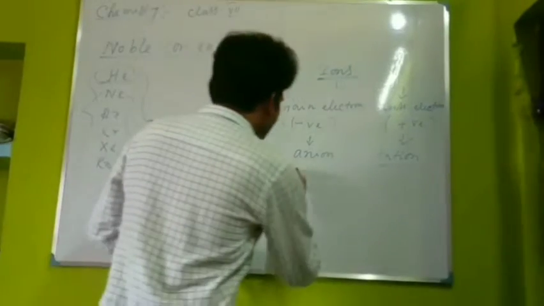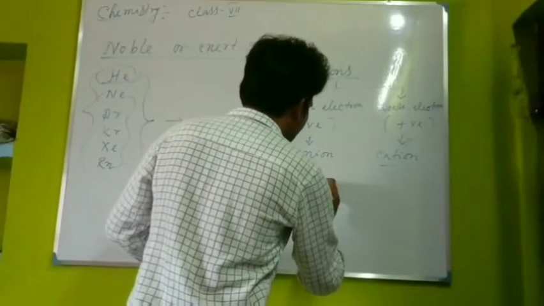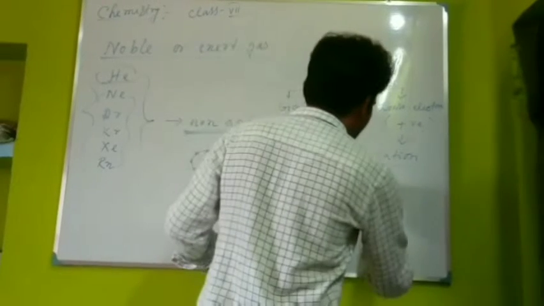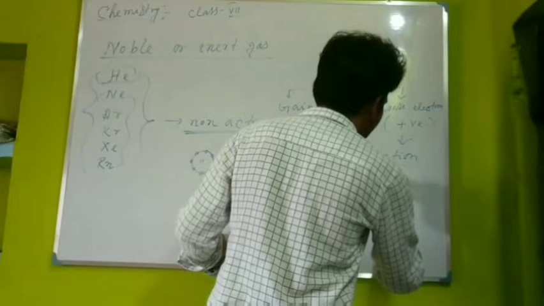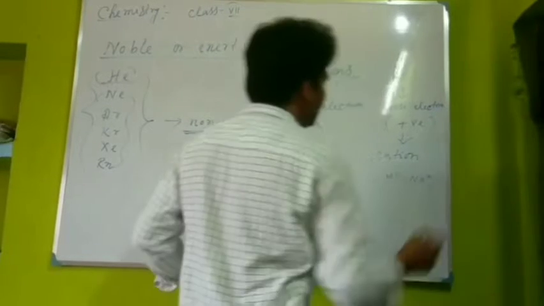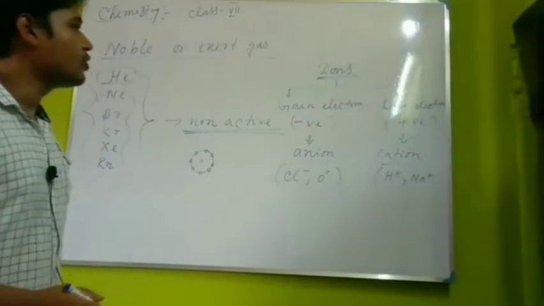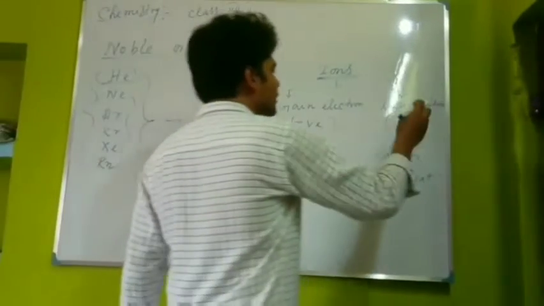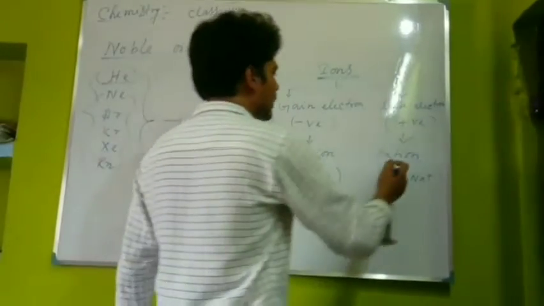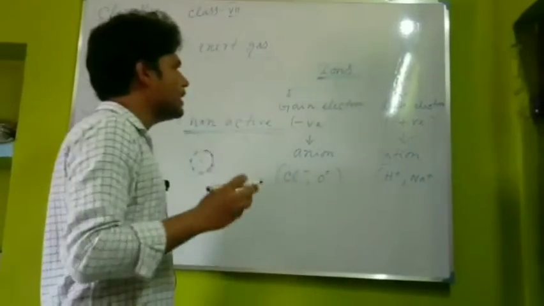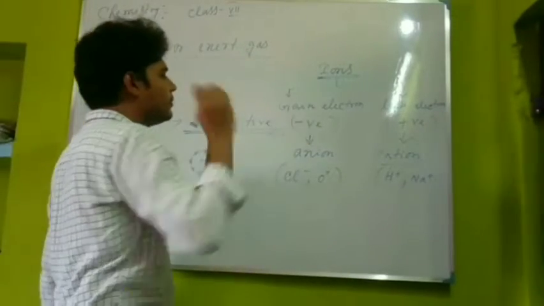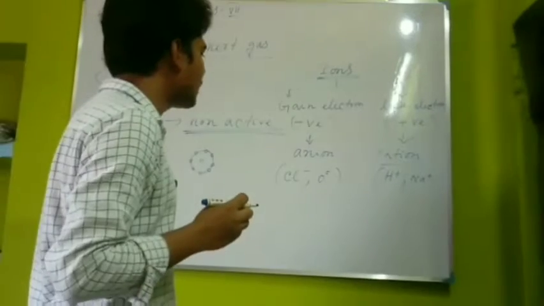So anions are like Cl minus, O 2 minus, and for cations we have H plus, Na plus. So when an atom loses electrons, it becomes a positively charged ion, called a cation. And when any atom gains electrons, it becomes a negatively charged ion, called an anion.